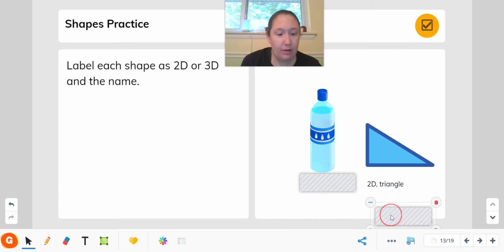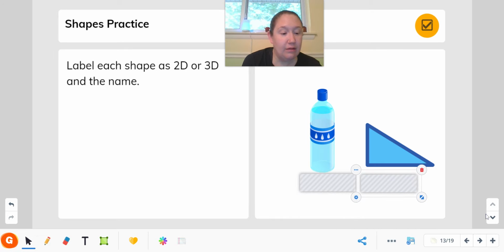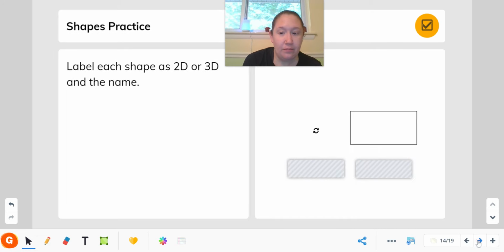All right, this will be our last one, guys. Label each shape as 2D or 3D and the name. All right. So this, it looks like a square. So there's squares, but oh, wait a minute. The squares are the faces. What do we know about faces? 3D shapes have faces. And a 3D square is a cube. 3D cube.